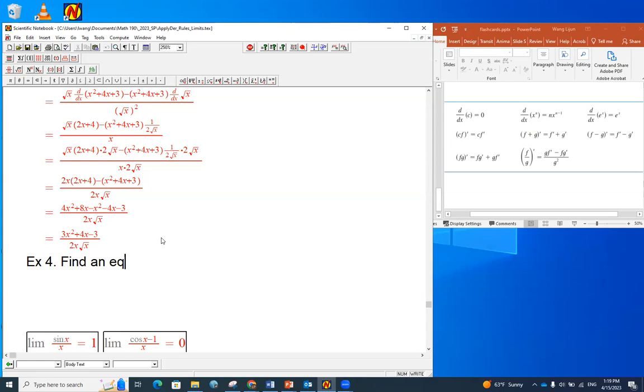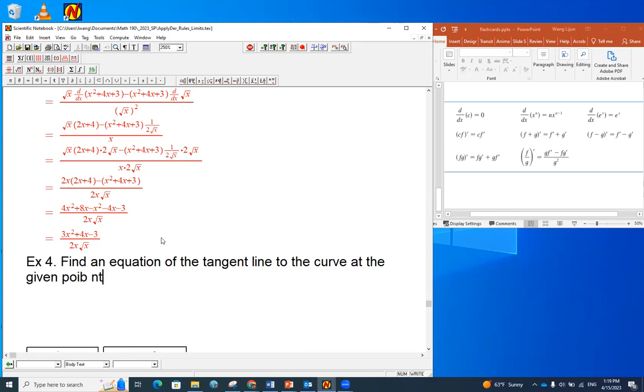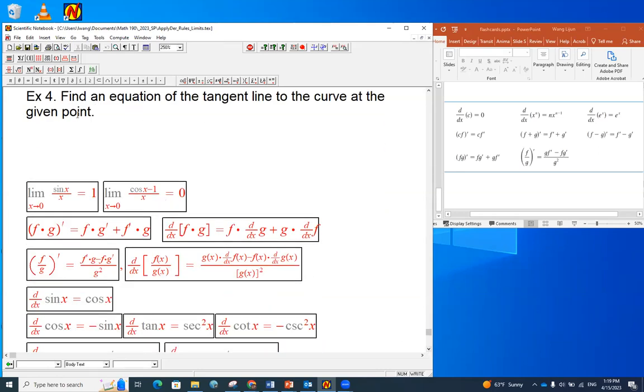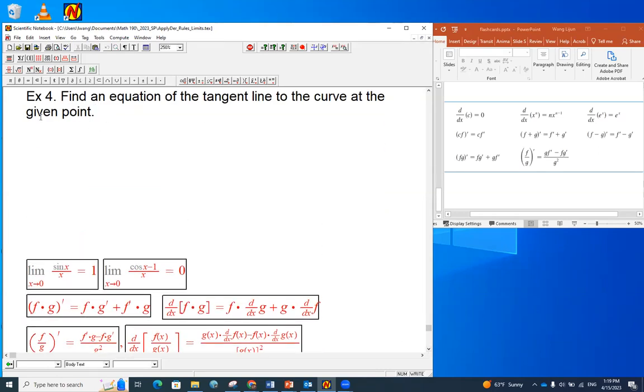Find the equation of the tangent line to the curve at the given point. I didn't show the screen of the homework, and I figured you can find it. All right, so this question I have selected is this one.